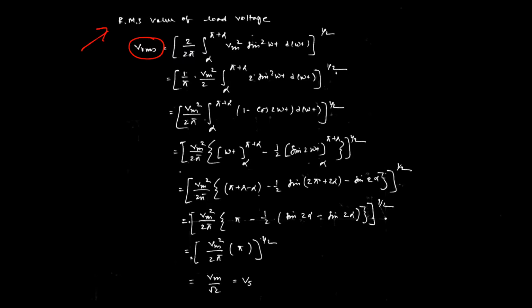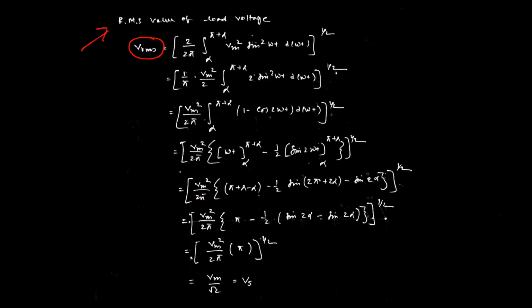That is why VRMS should be equal to the root of 2 by 2 pi integration of alpha to pi plus alpha Vm square sine square omega t d omega t. Okay, so this is the expression for the VRMS. So we can simplify the expression this way.